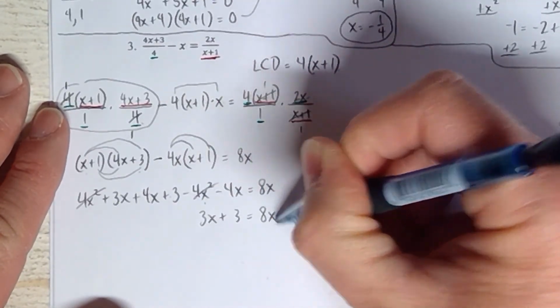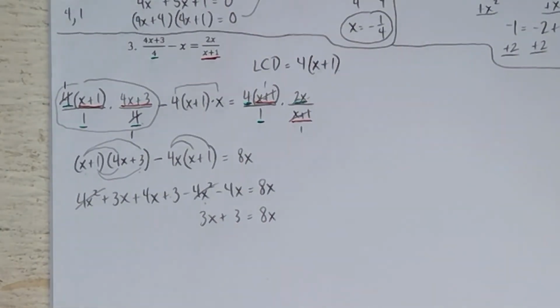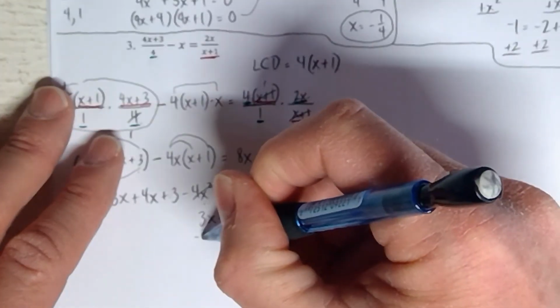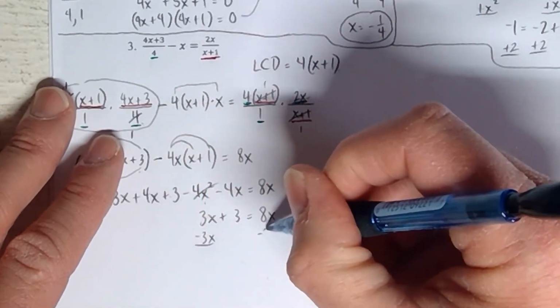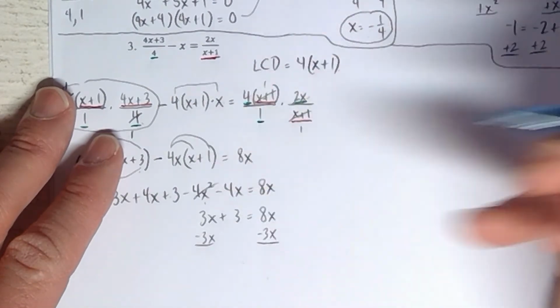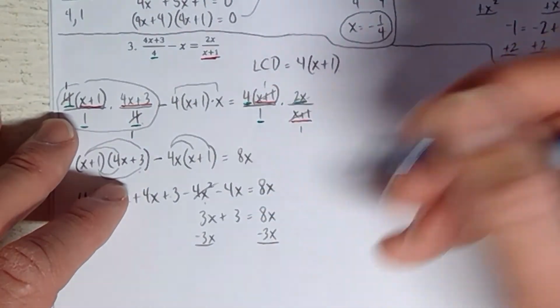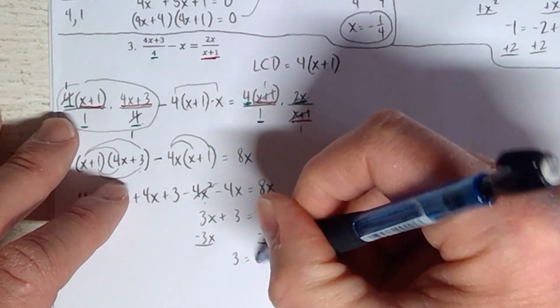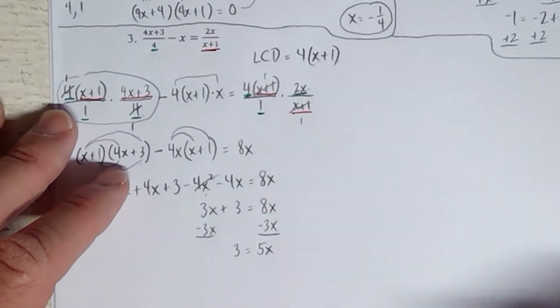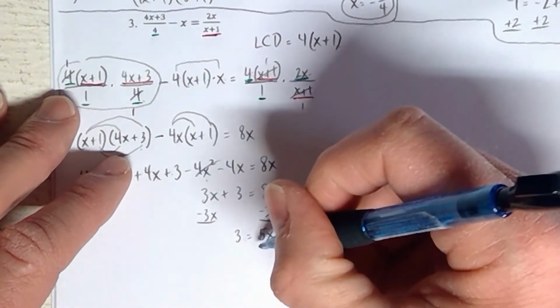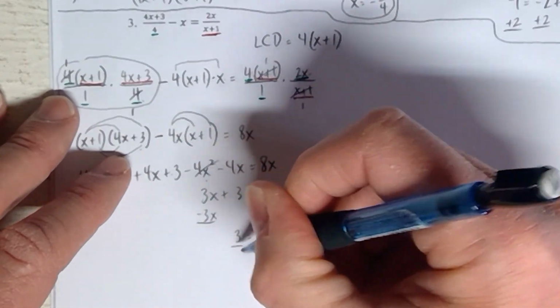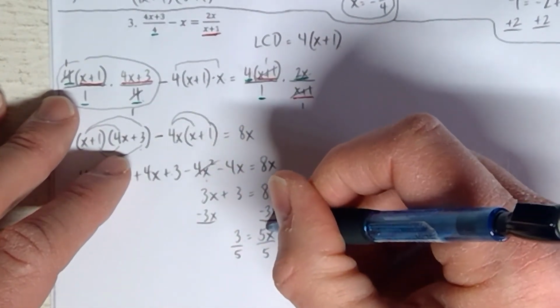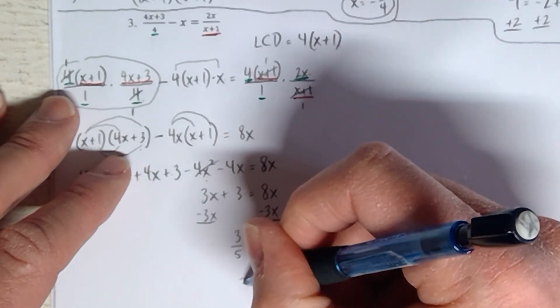And then we have 8x. Okay. Then in a linear equation, we move the x terms to the opposite side of where the non-x terms are, like 3. And that's why I'm moving the 3x over with the 8x. And then it's now time to divide out to get the x by itself. Again, it's a linear equation now. The 5's cancel. We end up with x equal to 3/5.